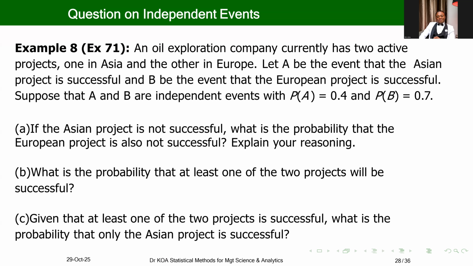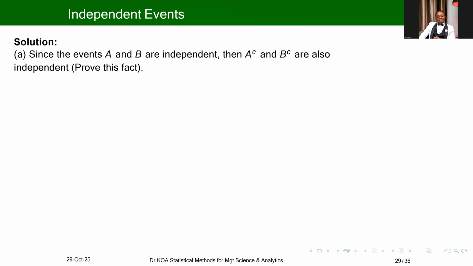So let's go back. It says that if the Asian project is not successful, that is A complement, isn't it? What is the probability that the European project is also not successful? And explain your reason. The reason is what we just said: because A and B are independent, then their complements are also independent. You can prove that. The probability of B complement given A complement gives you the probability of B complement, and that is an indication of independence.